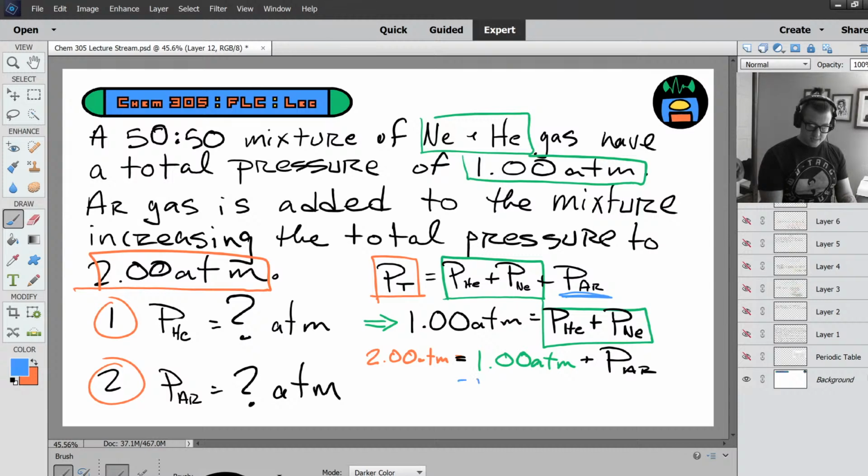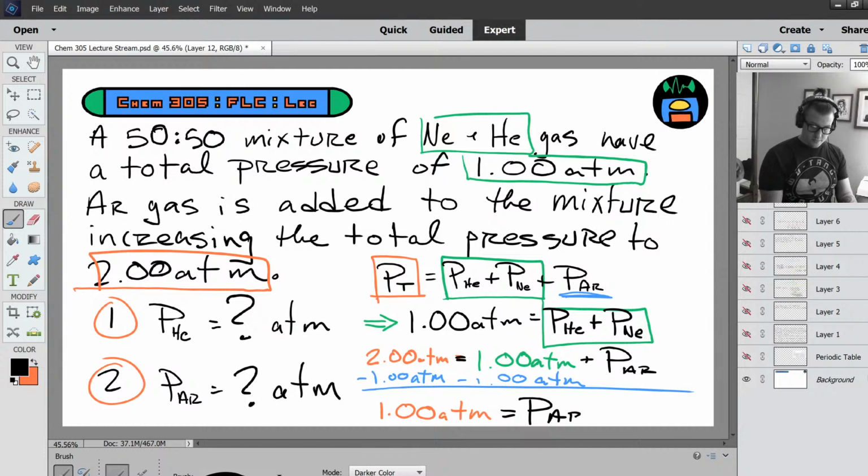When you subtract 1 atm from both sides of this equation, we find that the partial pressure of argon is 1 atmosphere, because that is the amount that our pressure increased when we added that gas. So if we had a mixture of neon and helium with a pressure of 1 atmosphere, and we added argon and the total pressure increases by 1 atmosphere, that has to be due to the partial pressure of argon gas.